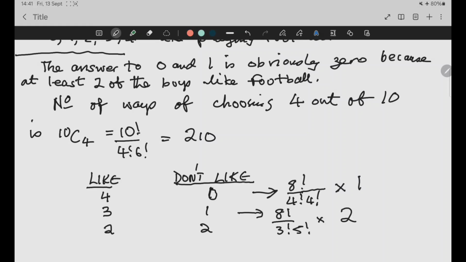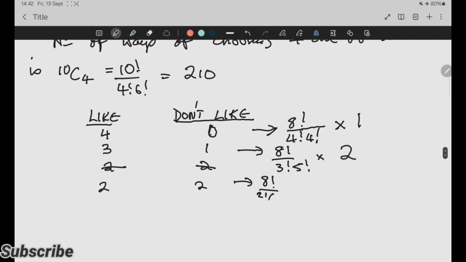And lastly, 2 and 2, the number of ways of choosing 2 boys out of the original 8 is 8 factorial over 2 factorial times 6 factorial, and there's only one way of choosing the 2 boys.